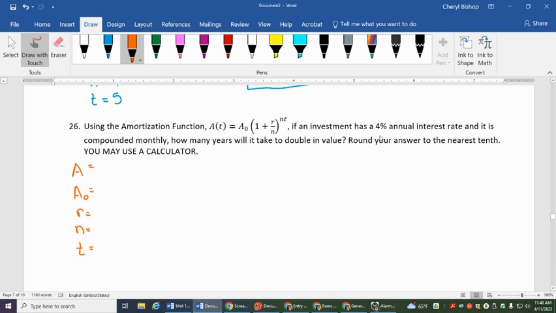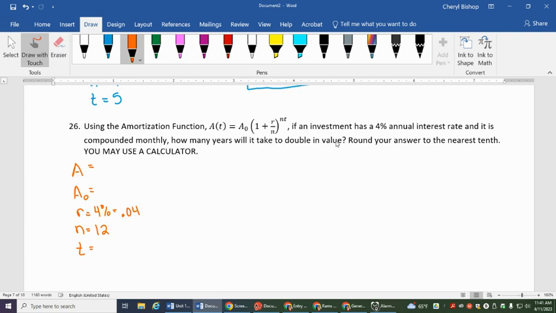If an investment has a 4% annual interest rate, so that's my R, 4%, which we're going to write as 0.04, and it's compounded monthly, so monthly means 12. How many years will it take to double in value? So this one seems weird because it seems like they didn't give me enough information. But I know I'm trying to double whatever I invest.